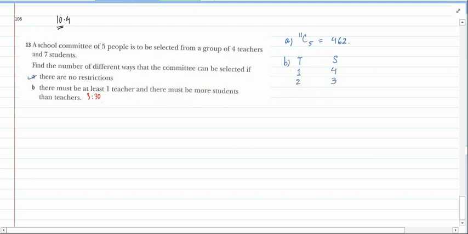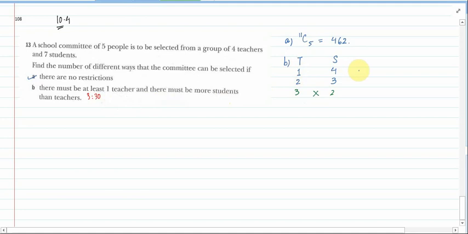If I write 3 teachers and 2 students, that will be wrong. Why? Because it is not following the condition that the number of students should be more than teachers. So we are not going to follow this one. We are going to continue with the first 2.